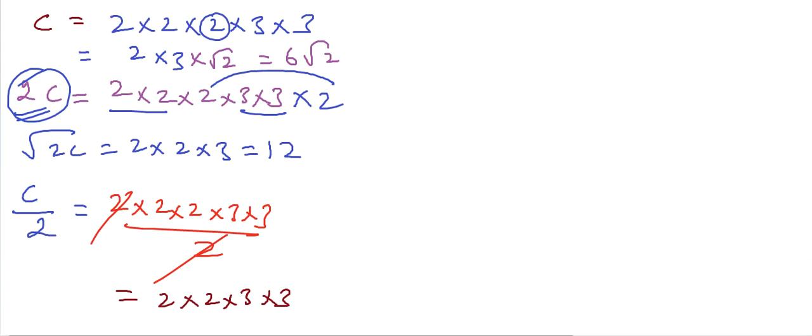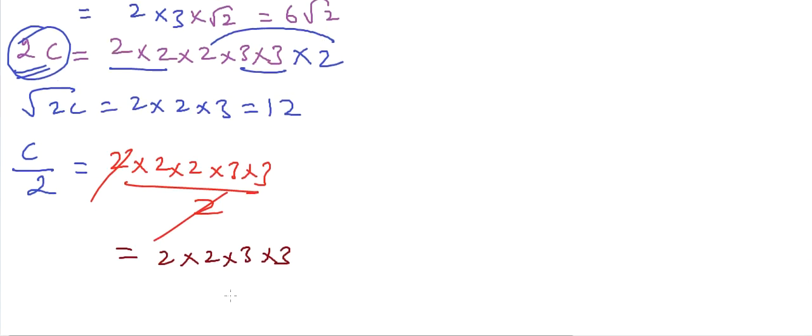So again, 2 occurs 2 times, 3 occurs 2 times. So all prime factors occur an even number of times. Therefore, c by 2 is a square number. Okay, so that means 2 is the smallest number by which c needs to be divided to make it a square number.